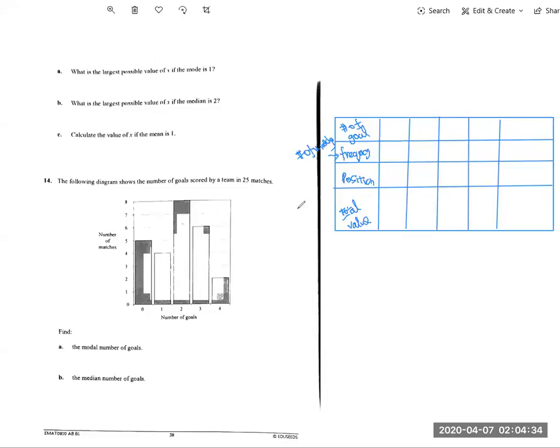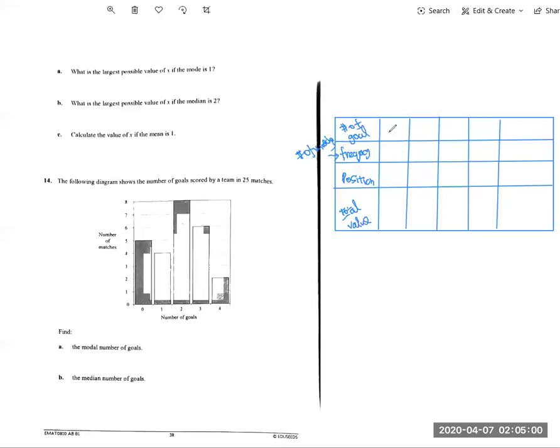Now, we're going to transfer from here into a table which we are more familiar with. In the previous example, we already worked on the mean, the median and the mode all from the table itself. So we're going to convert these bar chart values into a table form.